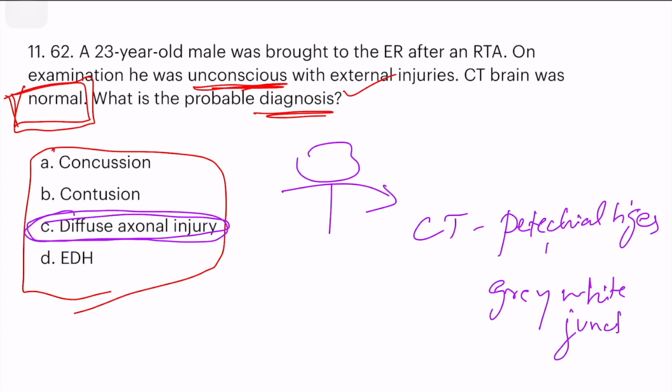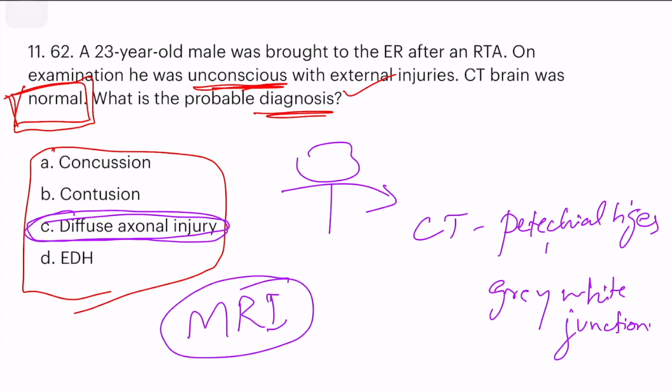Other than that, CT will be normal. So, if you want to make a clear-cut diagnosis, MRI can be done to diagnose this condition, diffuse axonal injury. So, in this question, the answer is C, DAI.